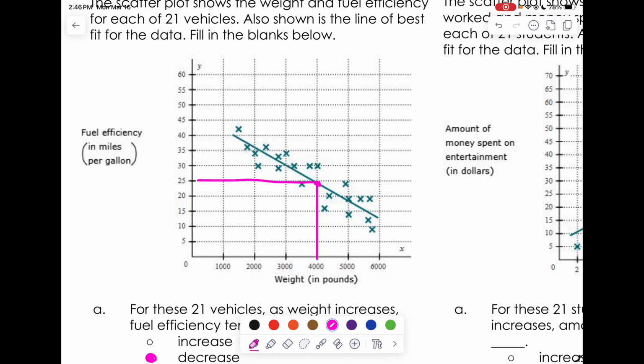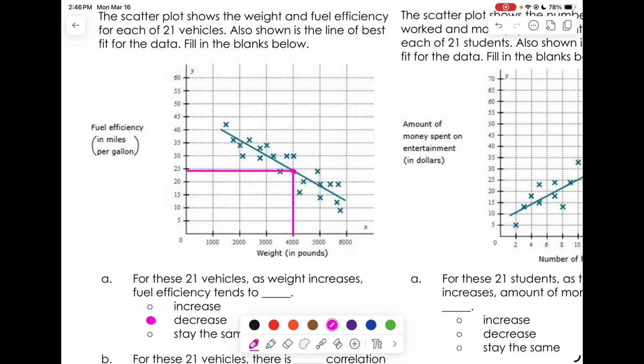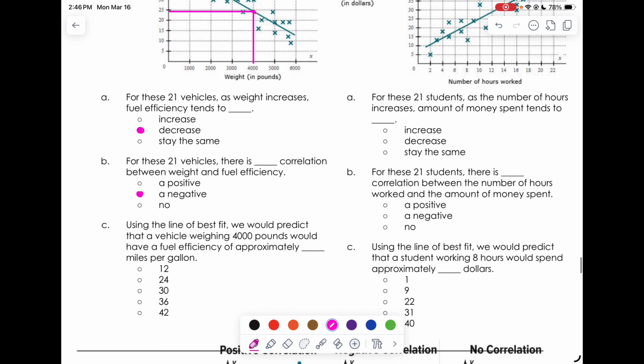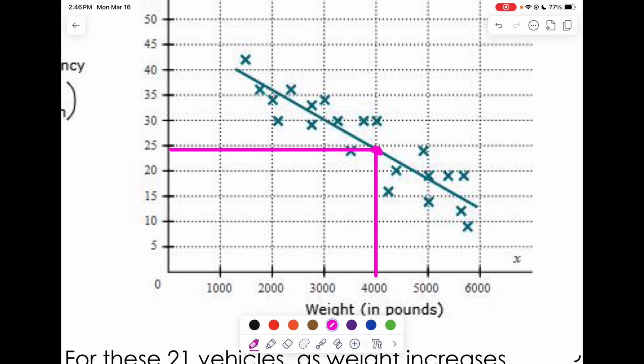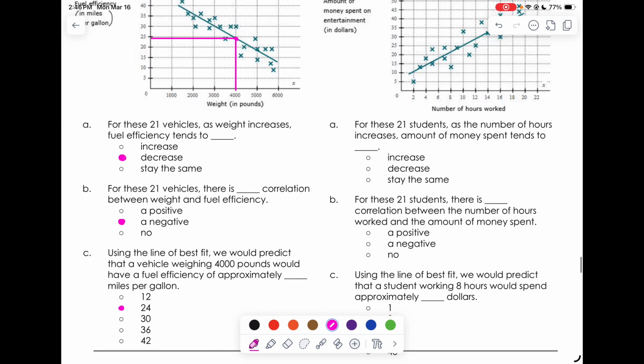Well, it's about 25. So approximately just means like about, around. Well, which one's going to be closest to 25 of our options? 12, 24, 30, 36, or 42? Well, we just said 25, so the closest to that is 24. And you can even see in our line, it was just below 25, so 24 makes sense.